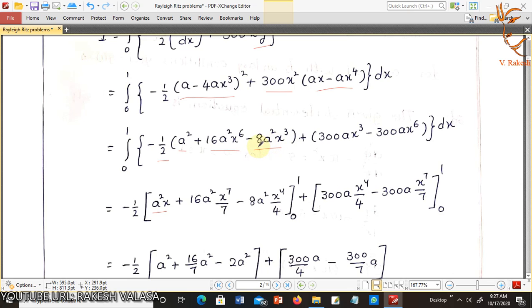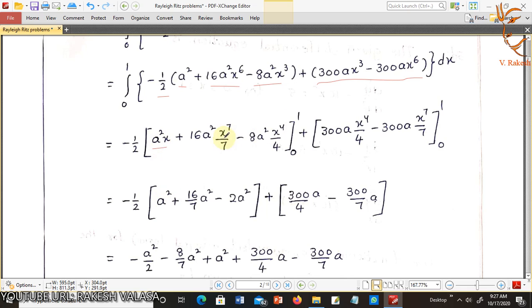For 8 a square x cube, the integration is x power 4 by 4. Limits are 0 to 1. Plus the second one, 300a is constant, x cube integration is x power 4 by 4, minus 300a constant, x power 6 integration is x power 7 by 7. Limits are 0 to 1. Now apply the limits.